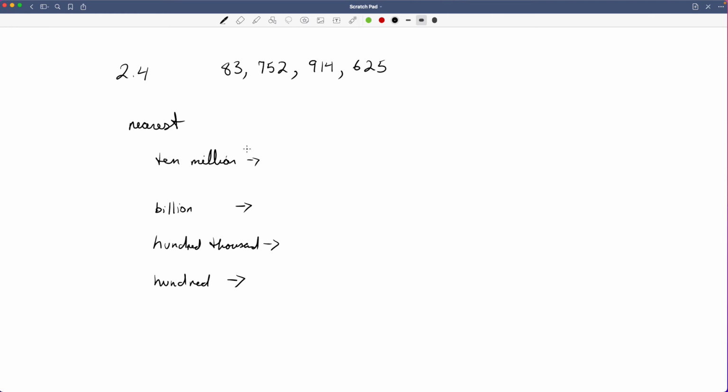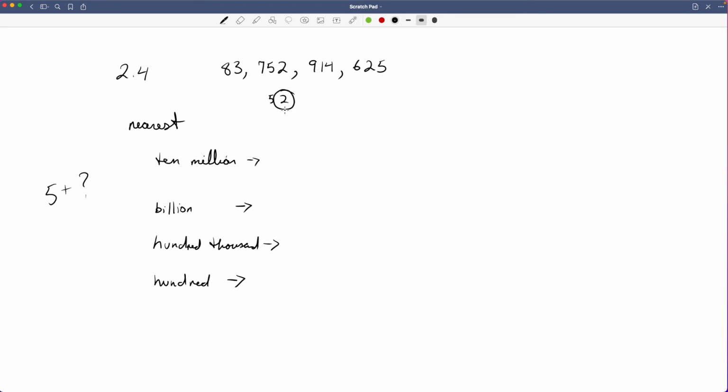First we have to identify the millions group. So ones, thousands, millions, all right? And within the millions group, we have ones, tens, hundreds. So right here, the 5 is our 10 million. So we look at the 5 and we look at the number next to it. Is this number 5 or more?